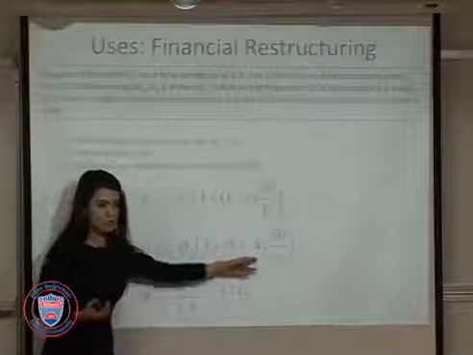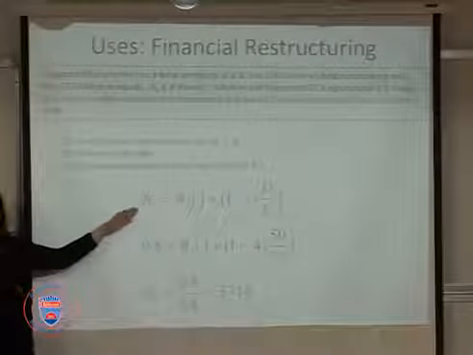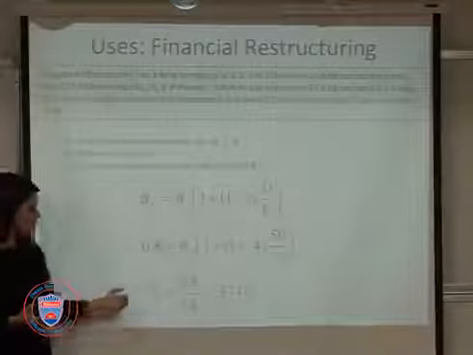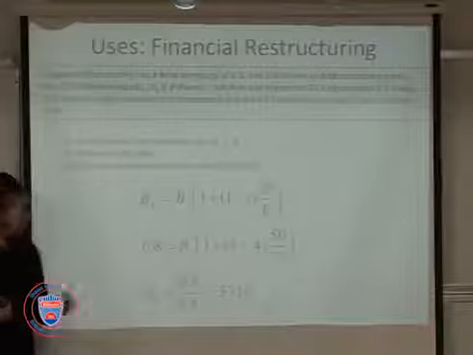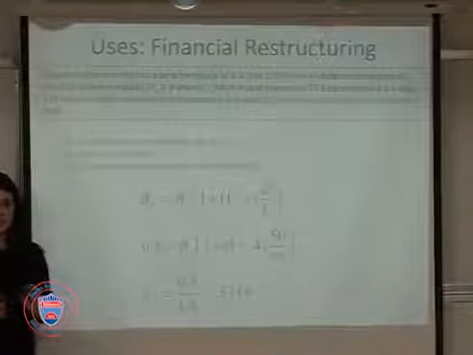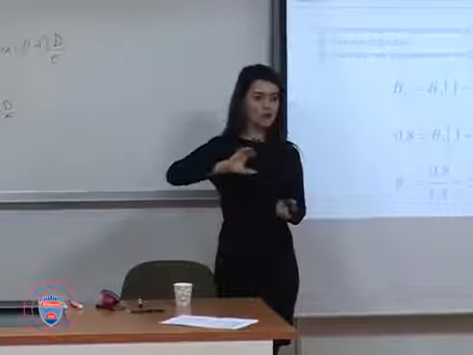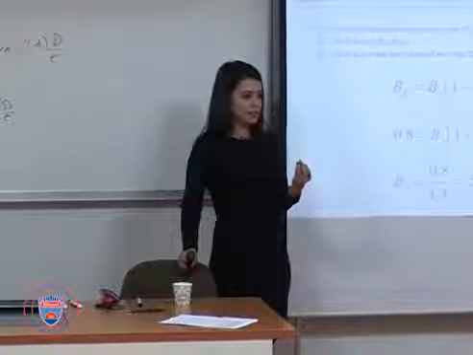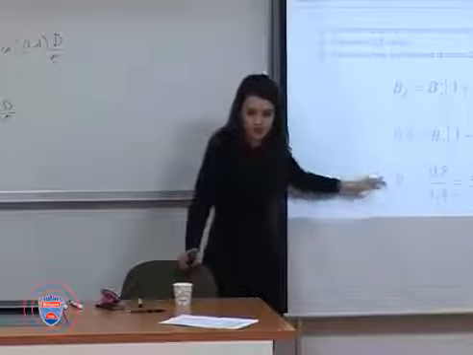Tax rate is 40%, it is given. The beta of the company is the equity beta, 0.8. So from here, I calculate the asset beta, which is 0.57. So when you remove the effect of the financing decision, this is the beta of the company, the unlevered beta. Any question in this step?